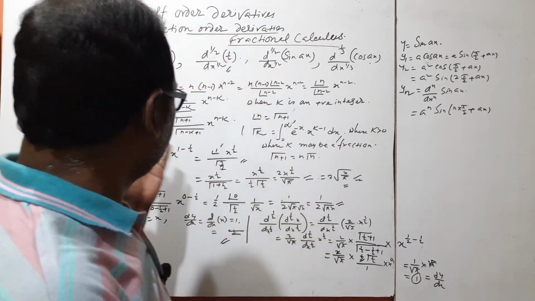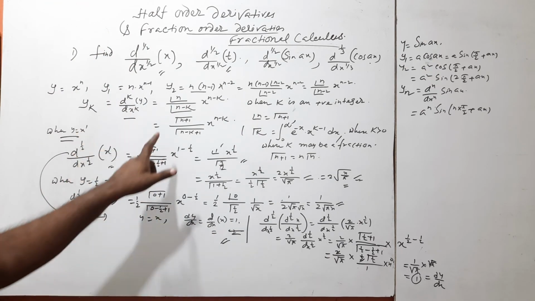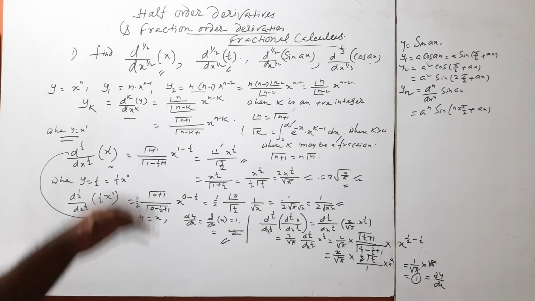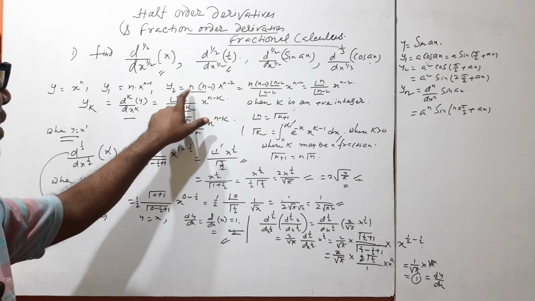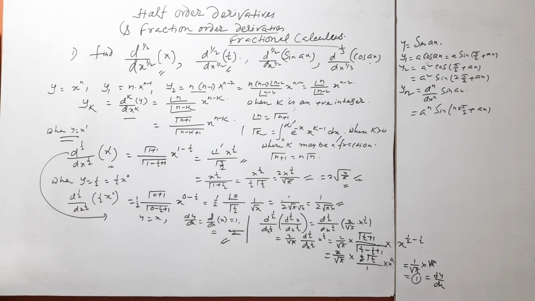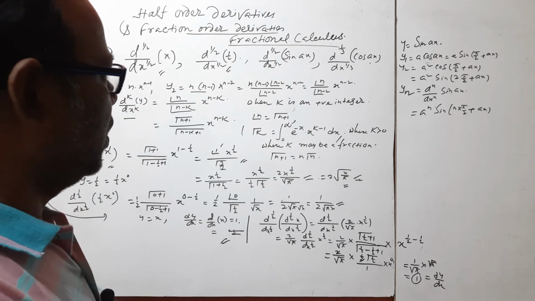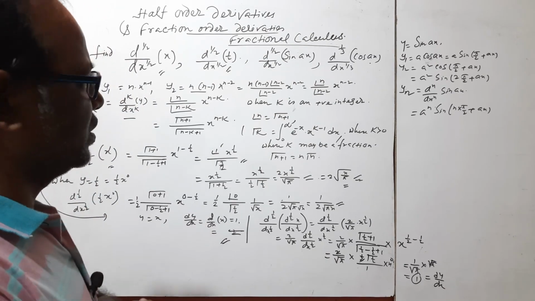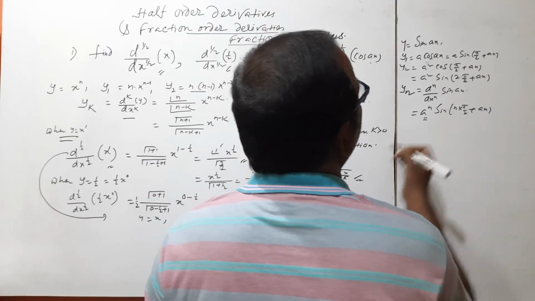In this theorem we are showing that n is an integer, but when it is a gamma function, k can be a fraction also and this is also satisfied. So this is the nth order.